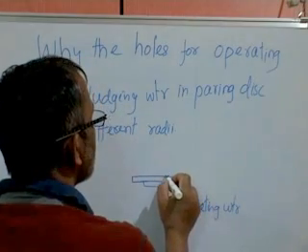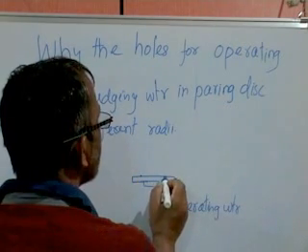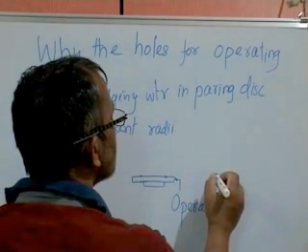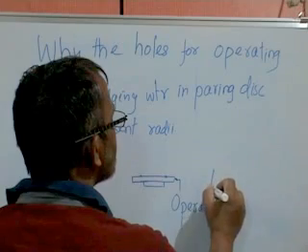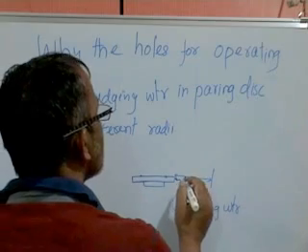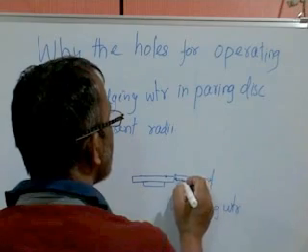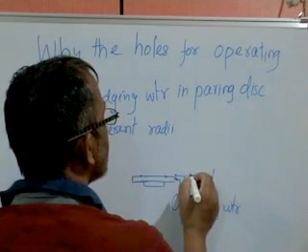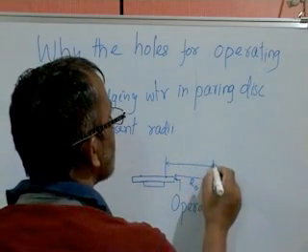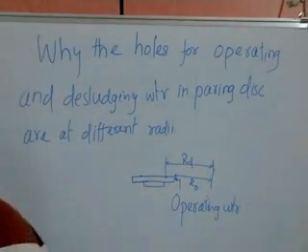The holes for the desludging water will be at a smaller radius, so that in the process of rotation, the radius by which the operating water holes are provided, and this one is for the desludging water.